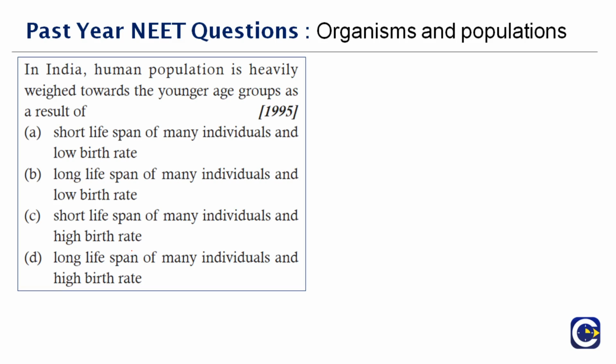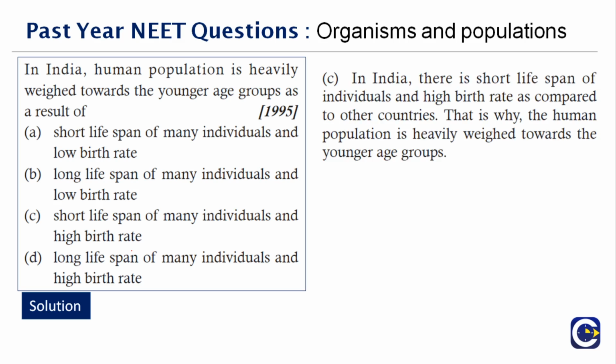Fine. Next question here. In India, human population is heavily weighed towards the younger age groups as a result of dash. Okay, we have to analyze the options here, but the right answer to this question is option C. Short lifespan of many individuals and high birth rate.